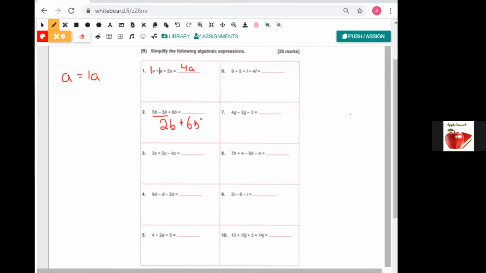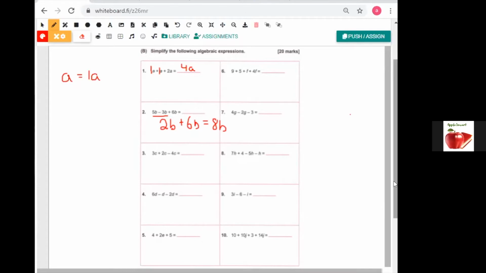What would that be? 2B plus 6B would be 8B. Okay, so you understand, I would continue with this and I would be going through all of these examples, and I don't want to spend all the time on this, just to show you how this works.